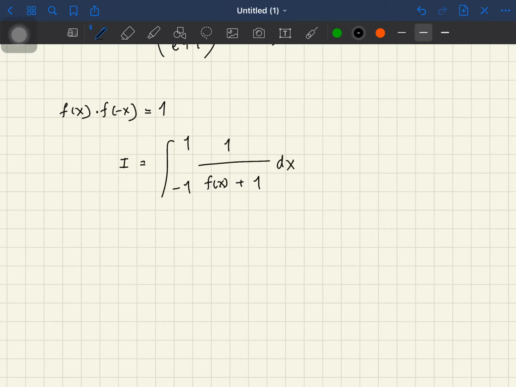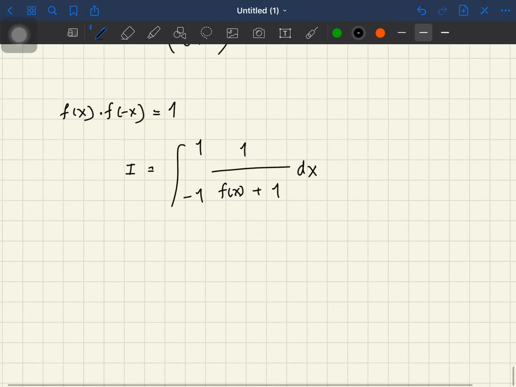So this might not be suitable for A-level students, but you might try to make a guess if you are able to think about any function which, if you substitute x and a negative x and multiply both functions, you will get 1. But I would like to teach you a new technique, which is called the king property. It's a very legendary property.